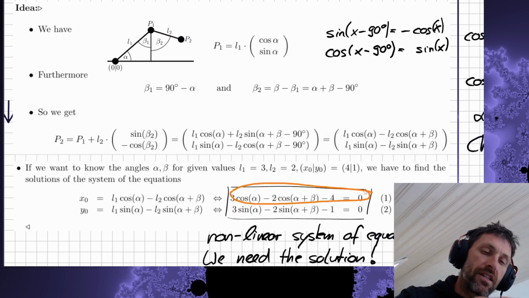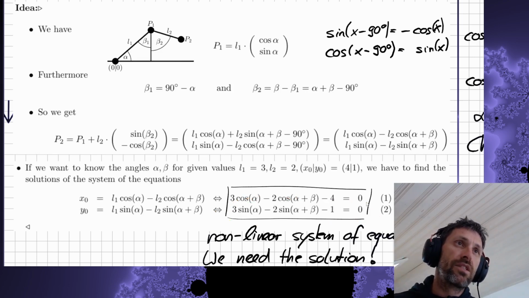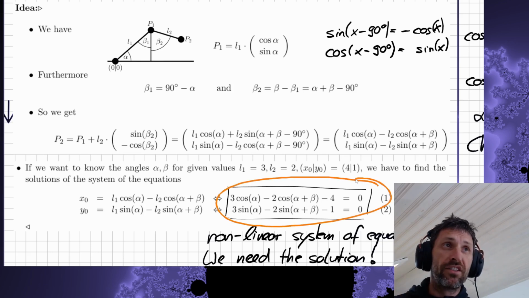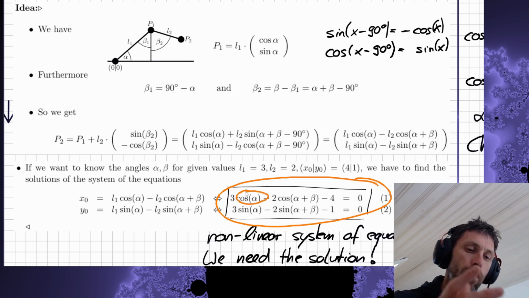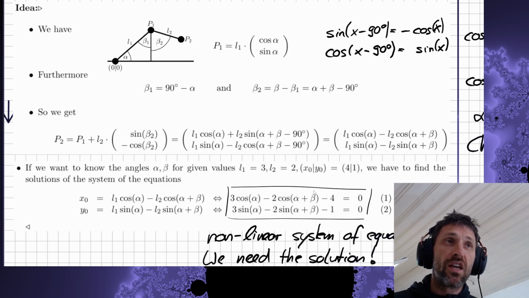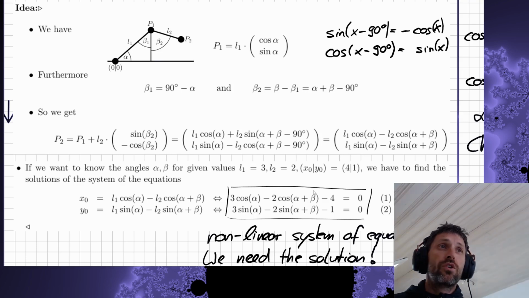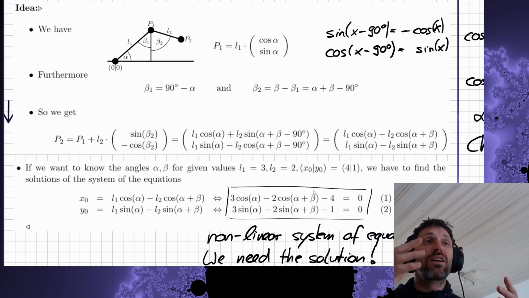We have this equation and we have this equation. So we have two equations and two unknowns, alpha and beta, and so we have a set of equations, a nonlinear system. It's not linear because there's cosine of alpha and cosine of alpha plus beta. So we have a set of nonlinear equations, and we are looking for the solution of this system. So this was the example. Where can such a system come from?